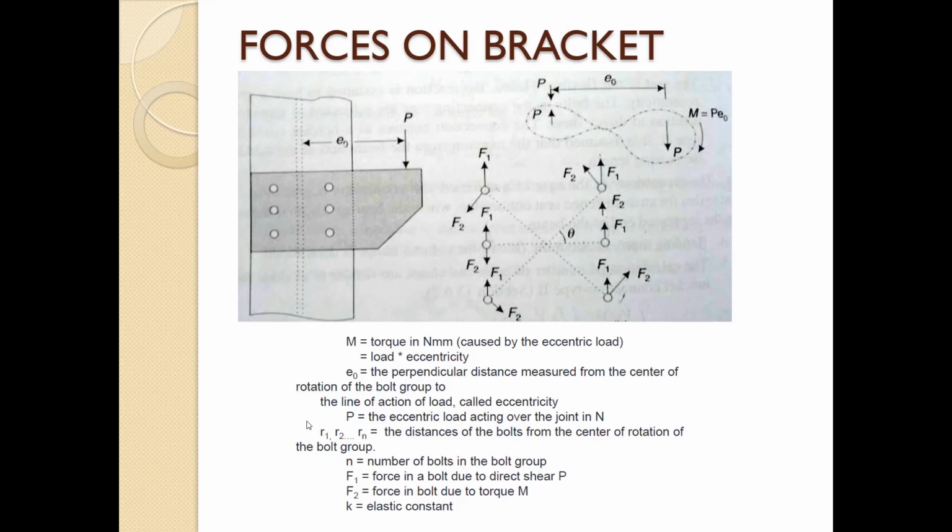So moving towards today's lecture, these are the things we need to consider. As you can see over here, as I told you earlier, this P force tends to rotate the connection in this direction, so obviously the opposite force will be in this direction.